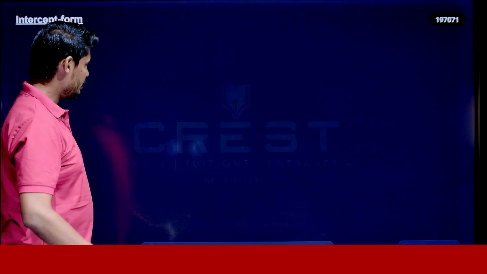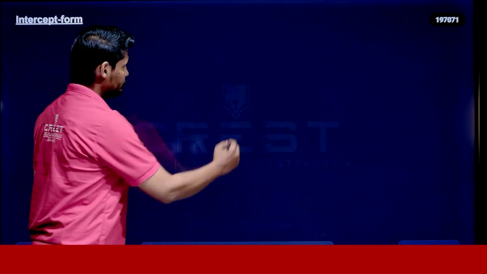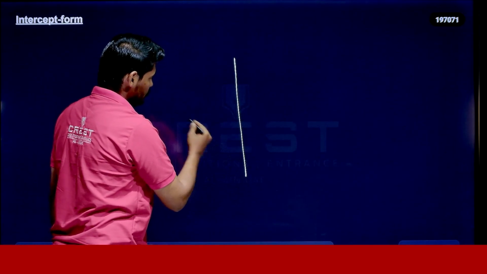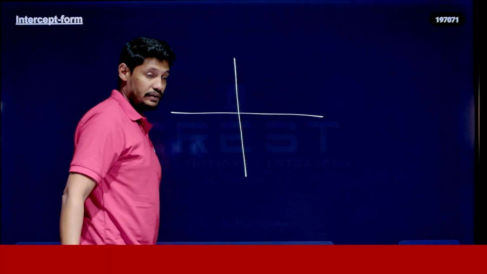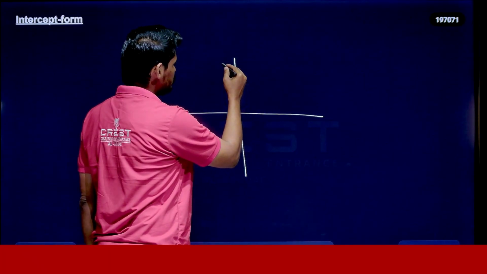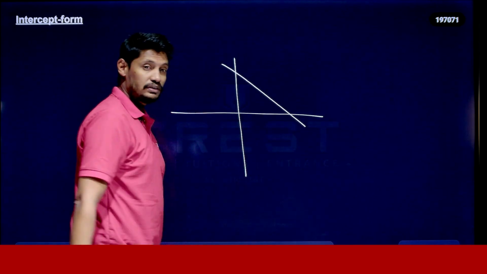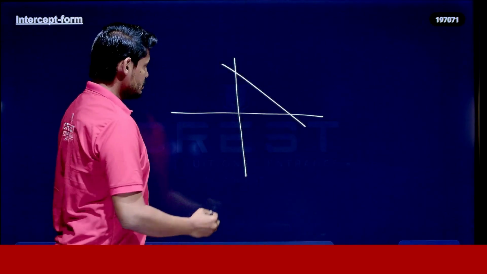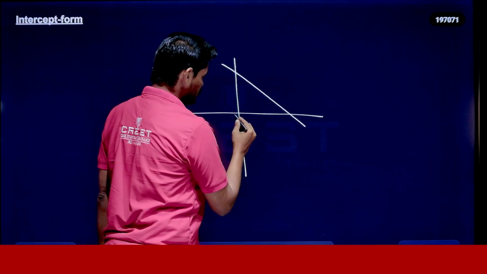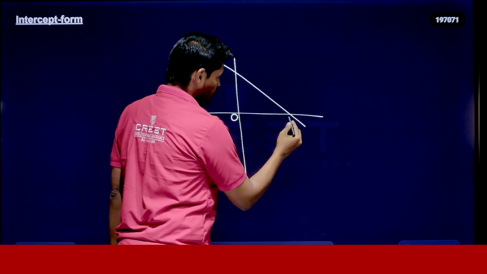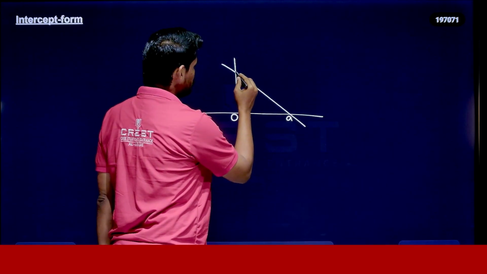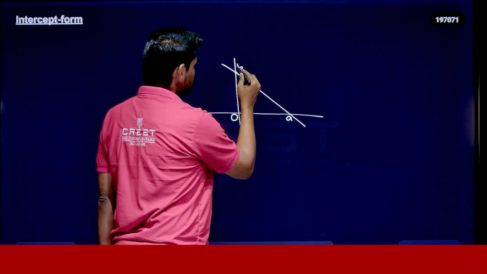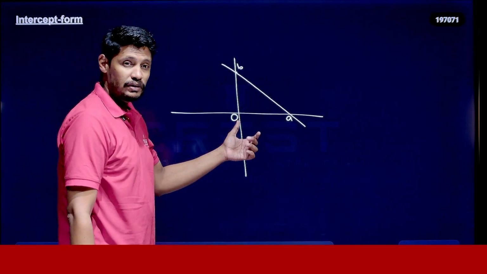This is our next form, intercept form. Actually what is intercept form? We have an xy plane. Intercept form means the line cuts both x-axis and y-axis. Suppose this is the origin, and this is the point A and this is the point B. So from here, what is the x-intercept and y-intercept?